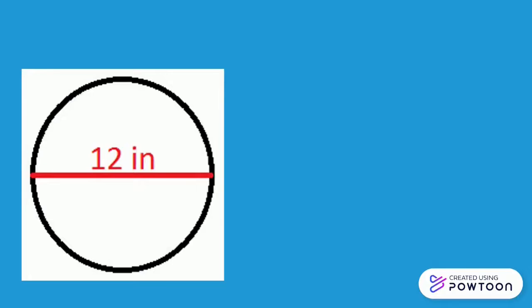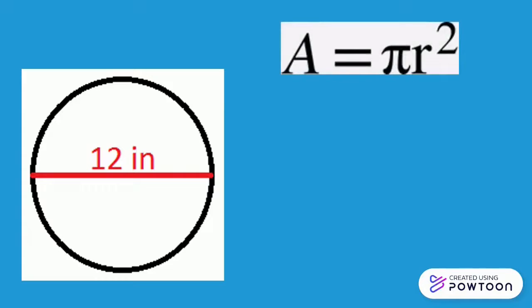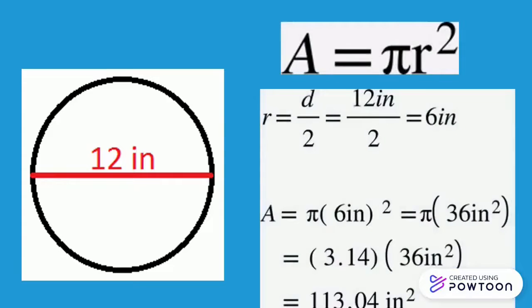Remember that radius is half of the diameter, so the radius is equal to 6 inches. So I can apply that into my formula. Here area is equal to pi times my radius, which is 6 inches, squared. And so now this is telling me I have 6 inches times 6 inches times pi.